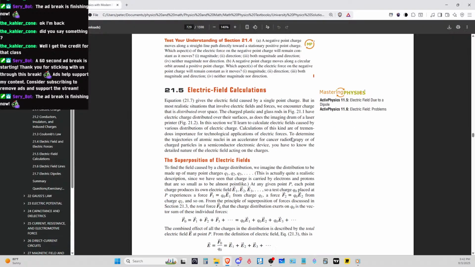Okay, electric field calculations. Oh, you're 18. Okay, so you're about to start university. I don't know how it is in India, but in my point of view, whatever school you go to doesn't really matter because you're still getting the same knowledge. Our high school is over by 16. Oh, okay.